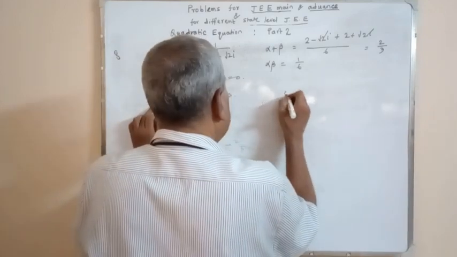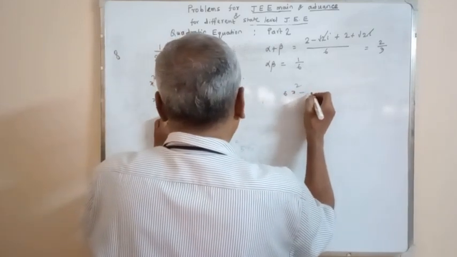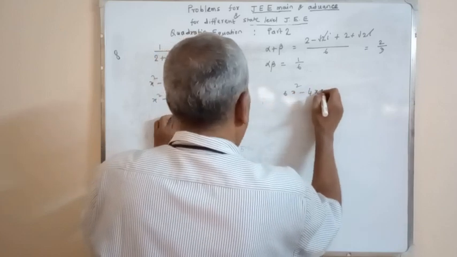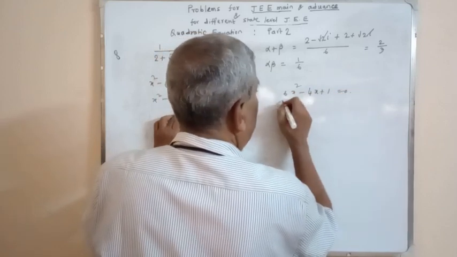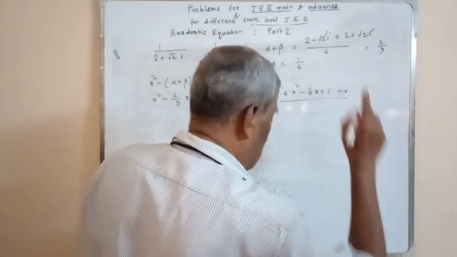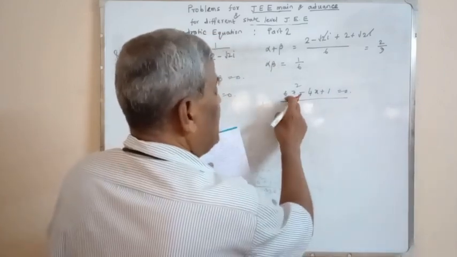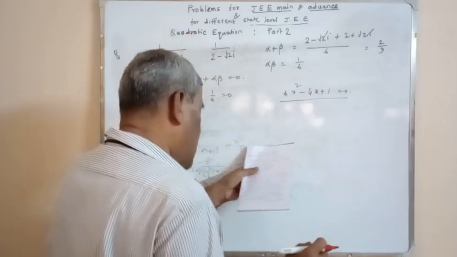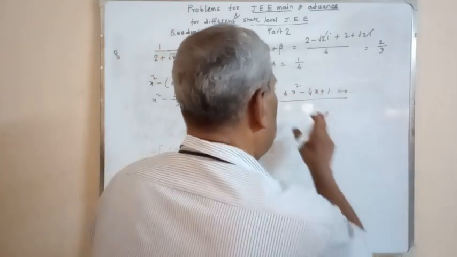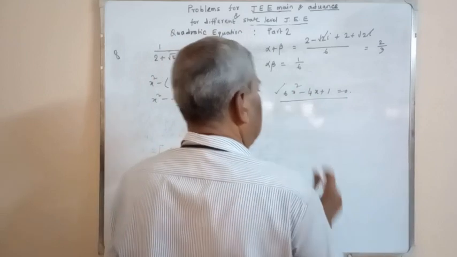That is 6x square minus 4x plus 1 is equal to 0. This is our answer. Oh, I have not given options. The option is 6x square minus 4x plus 1, and the other 3 are there. So this is our option.